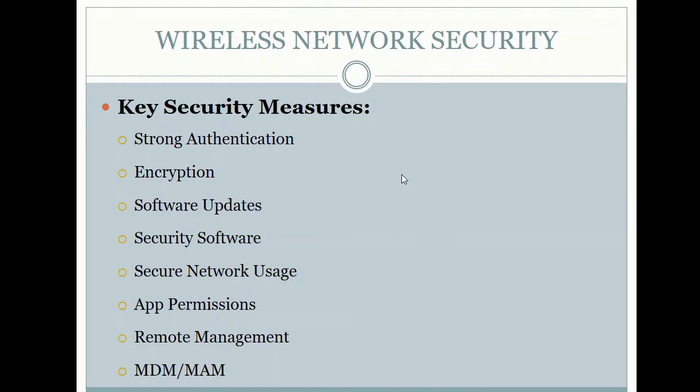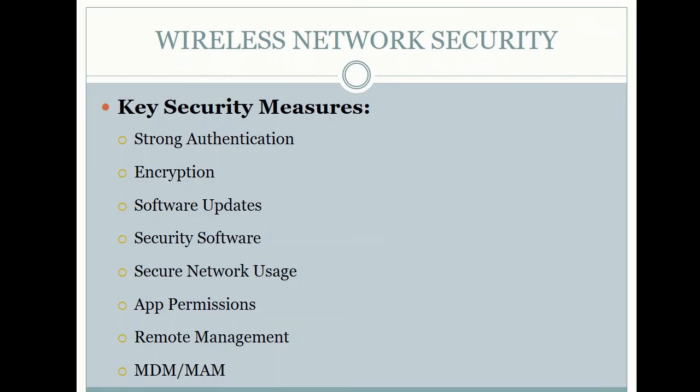What are the key security measures available for wireless network security? The first thing is strong authentication. Nowadays we use two layers of authentication even for opening an email. Like that, strong authentication and encryption systems are there, software updates should be done, and security software packages are there.